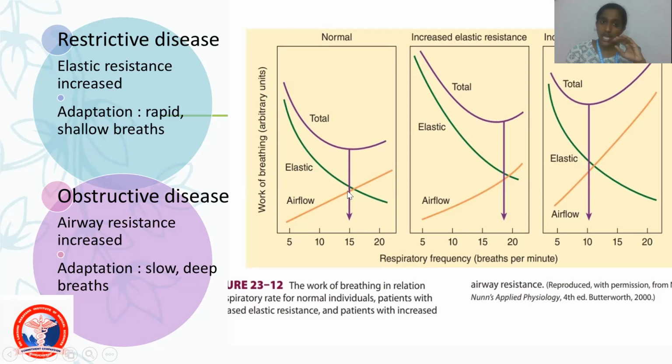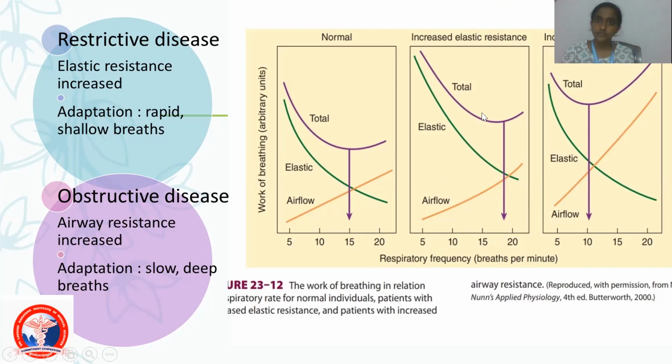In order to have a minimum of both, we have to see the point where these both meet. At that point, the respiratory rate is around 15, which is our normal respiratory rate of 12 to 16. So when we go in for a respiratory rate of 12 to 16, we have the total work of breathing at its minimal level. So this is a normal patient.